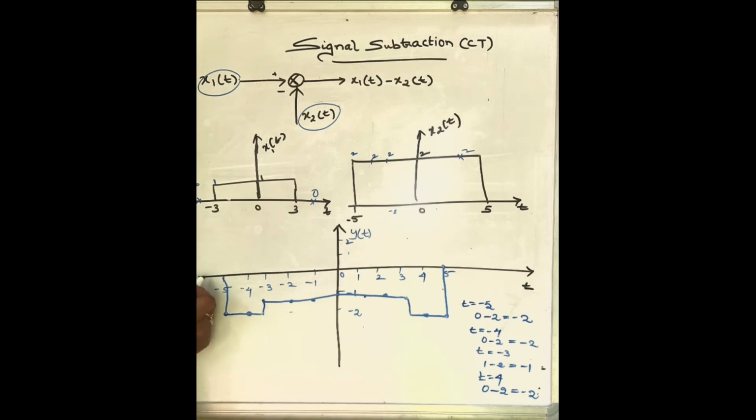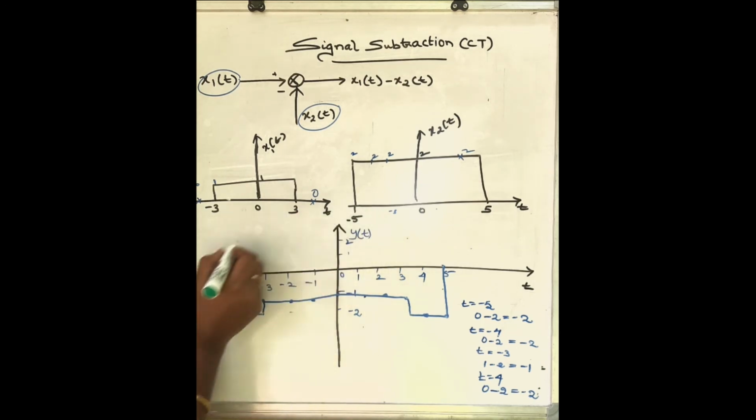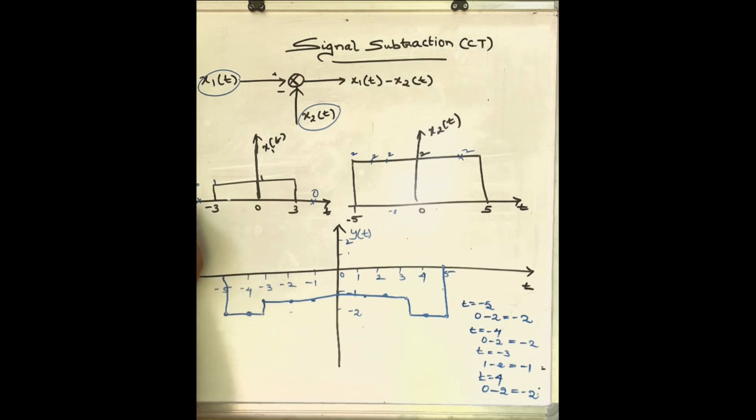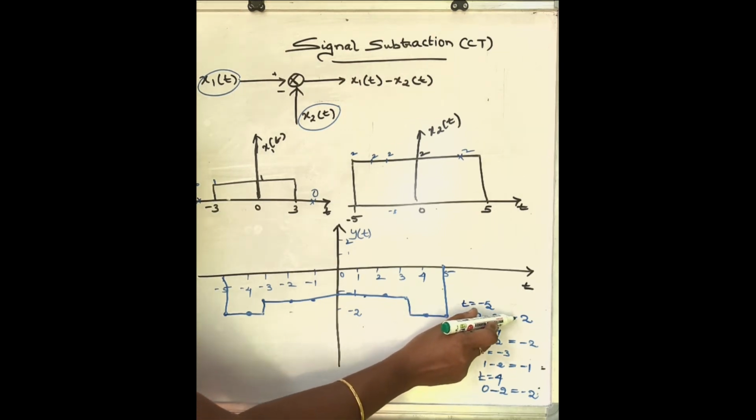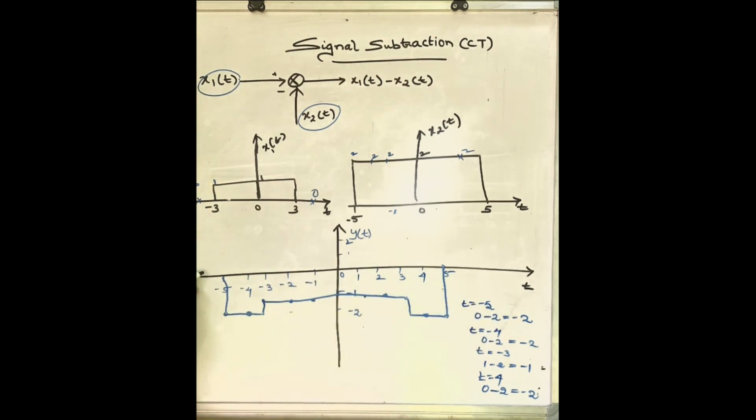Take the first t, that is t is equal to minus 5. At t is equal to minus 5, the amplitude is 0, whereas it is 2 here. So 0 minus 2 is minus 2. That is why the amplitude is 2, but in the opposite direction. At this point it is minus 2.